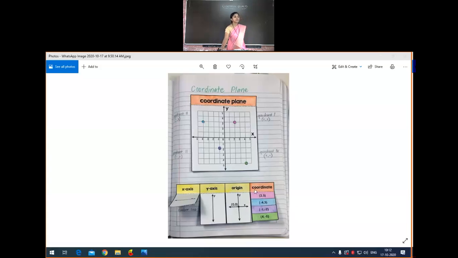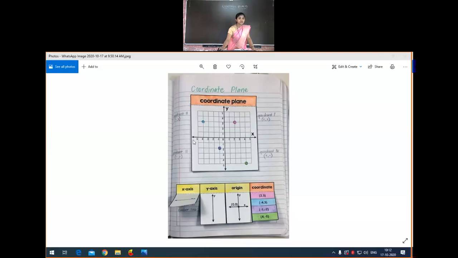Coordinates are always written in the form of 2, 3, minus 4, 3, minus 1, minus 2, then 4, minus 5. We all know these concepts, as we learned in the eighth and ninth standard. This is called the coordinate plane or Cartesian plane.